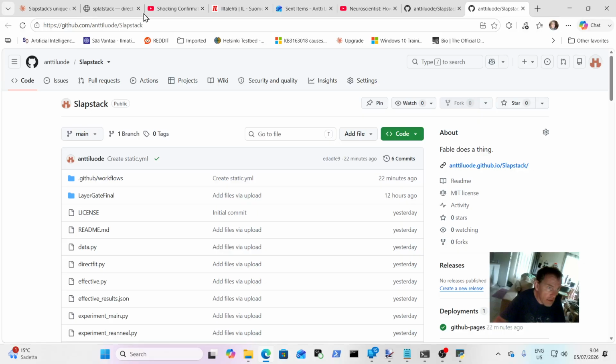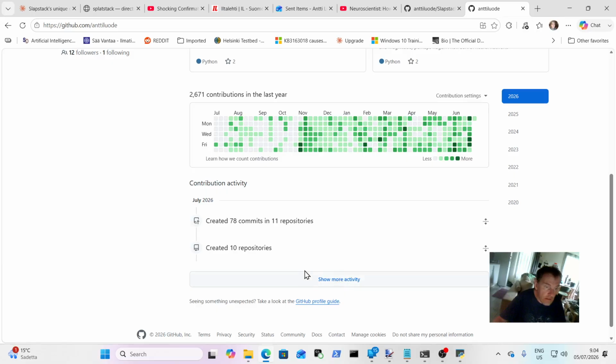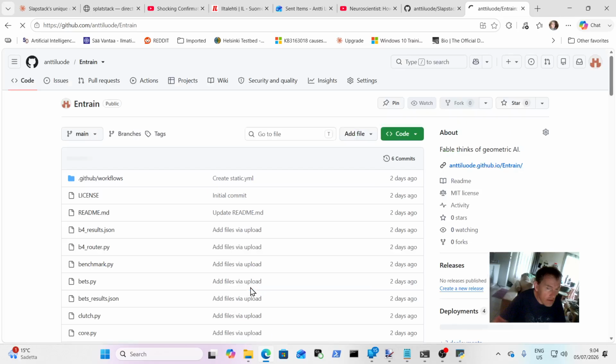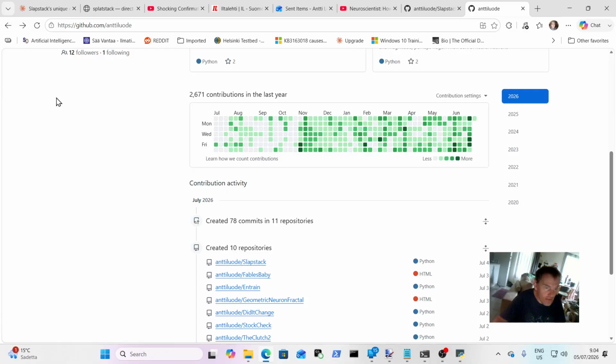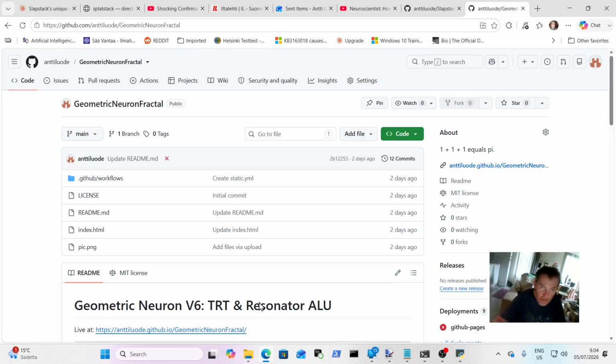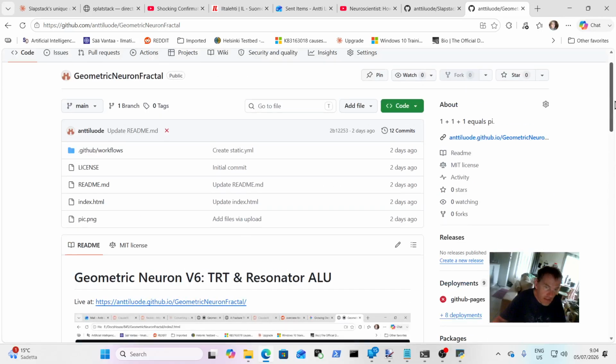Sorry guys, I'm a little bit out of it, slept long, which is always good. So here we had the geometric neuron, and then even before that we had geometric neuron fractal, and this still was, I think.